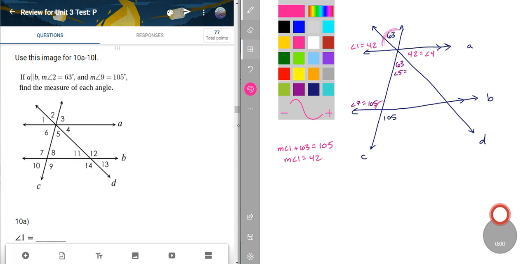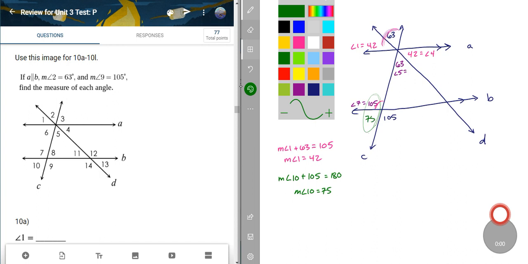And now let's use our linear pair like we've done in the past. So I know that the measurement of angle 10 is what that one is, plus our 105 equal to 180. So measure of angle 10 must be equal to 75.